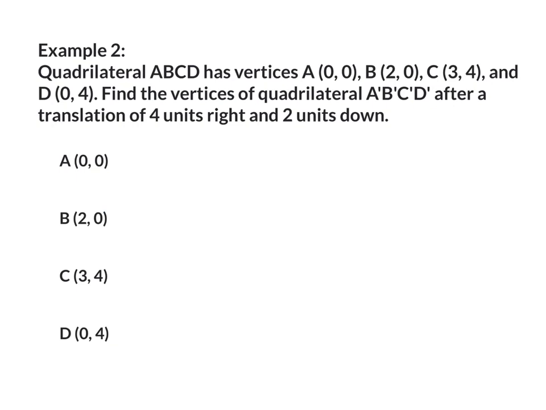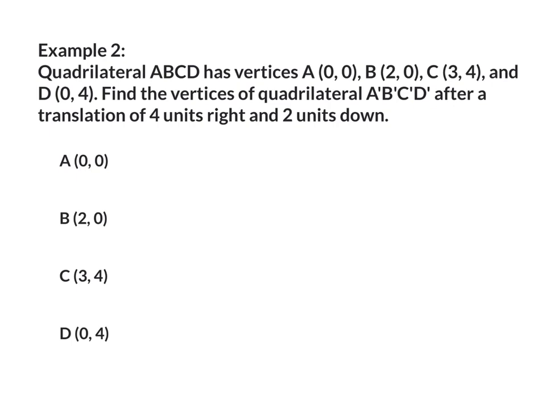Example number 2. Quadrilateral ABCD has vertices A at point 0, 0, B at point 2, 0, C at point 3, 4, and D at point 0, 4. Find the vertices of quadrilateral A prime, B prime, C prime, D prime after a translation of 4 units to the right and 2 units down.